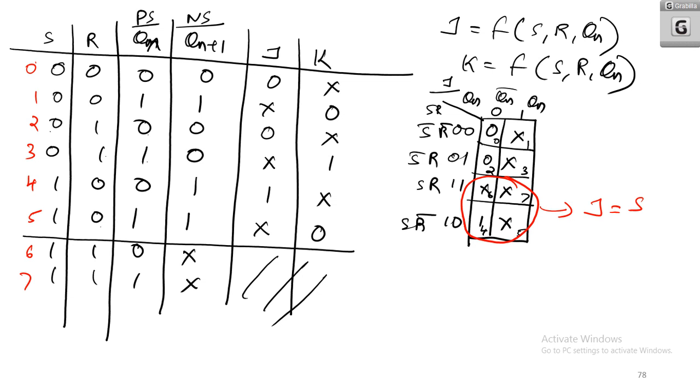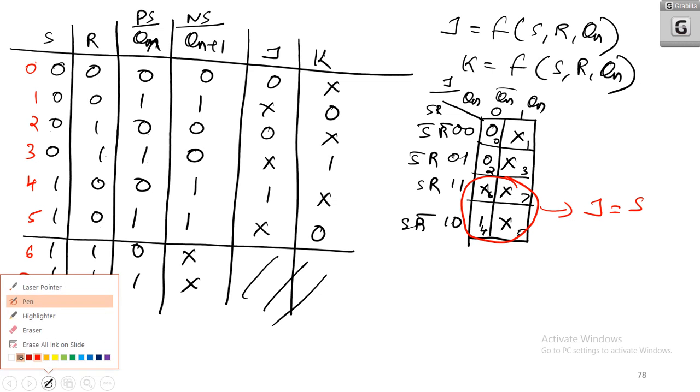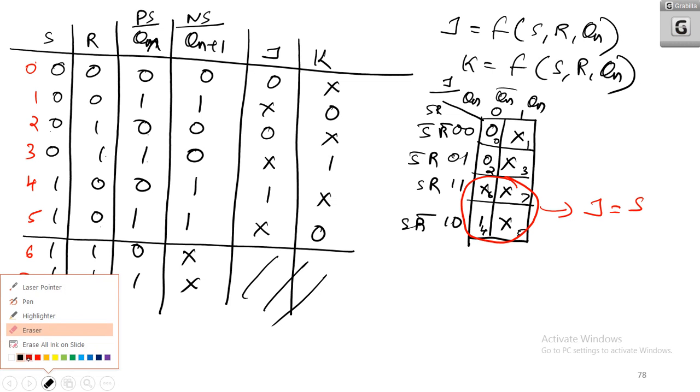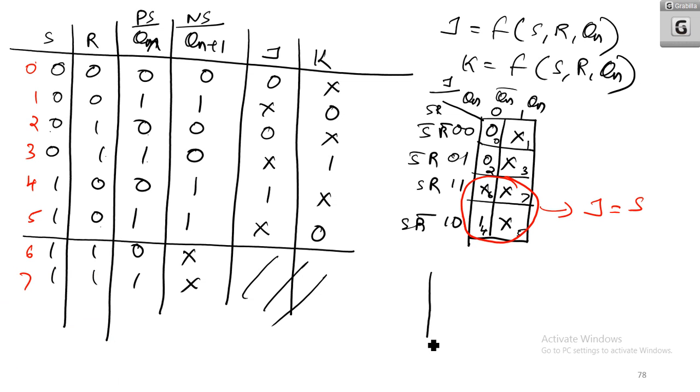Now coming into the K map of K. I need to find the expression for K, which is in terms of S, R and Qn.